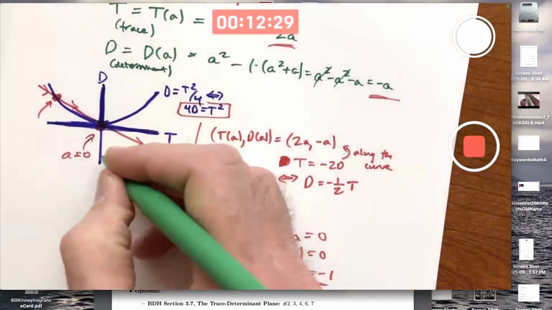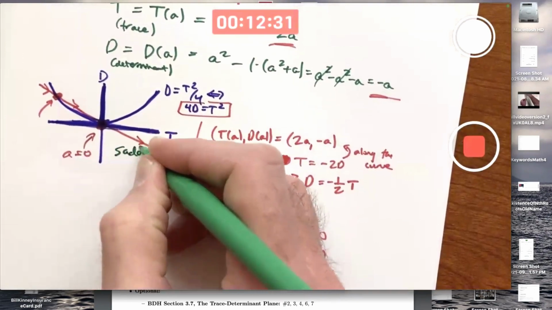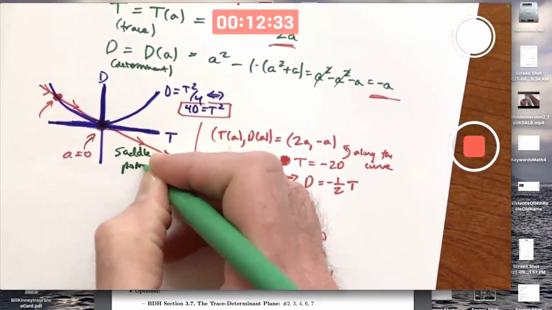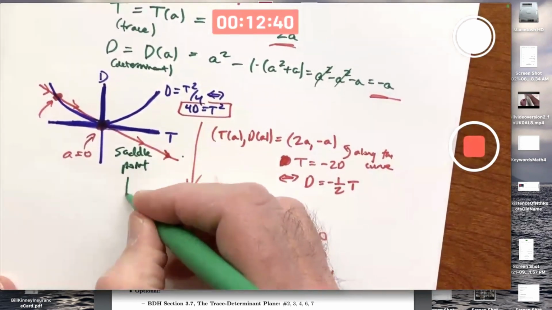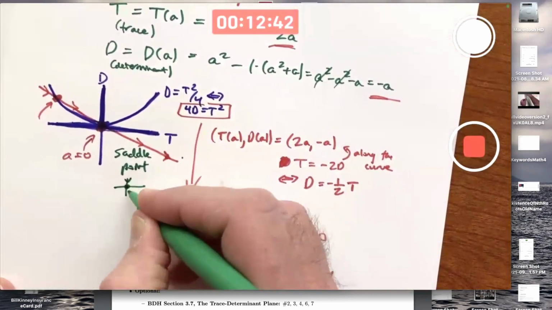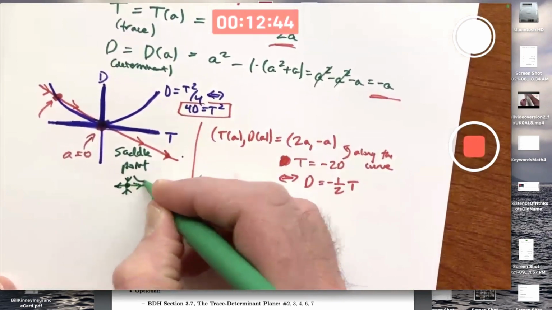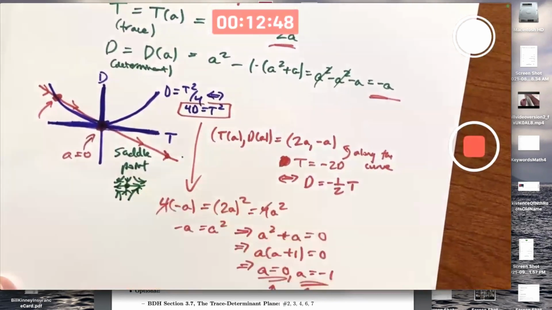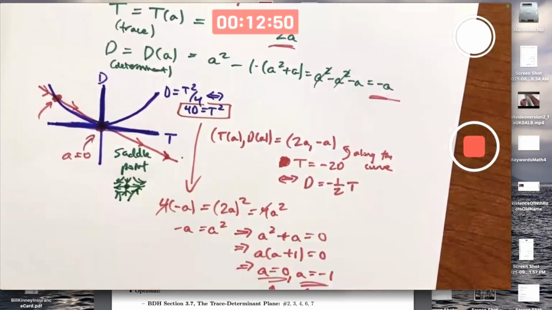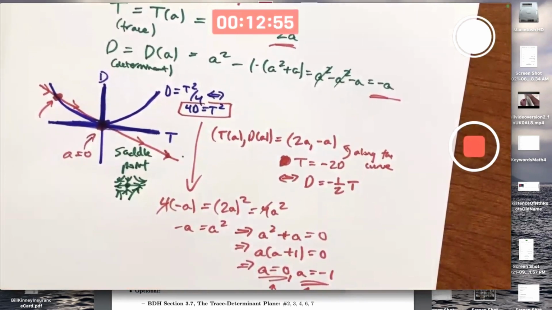So down here, I'm going to put the word saddle point, and you could make a little drawing of a saddle point like the book does as well. Okay, I'll go ahead and do it. I'll draw a generic saddle point. Say something like this. That doesn't mean the actual phase plane looks exactly like that, because I drew it as if the x and y axes are the straight line solutions.